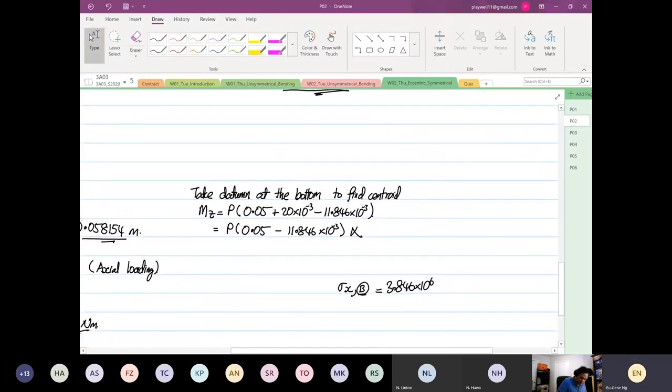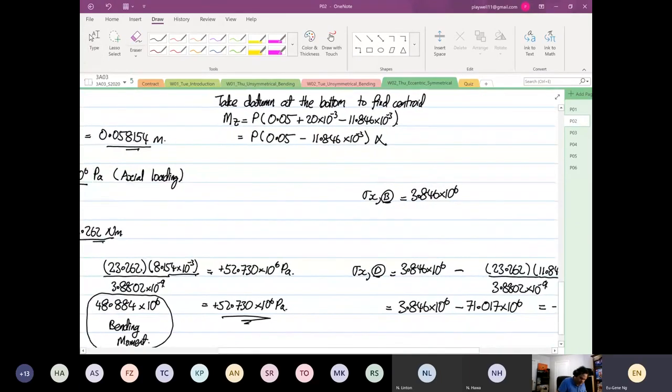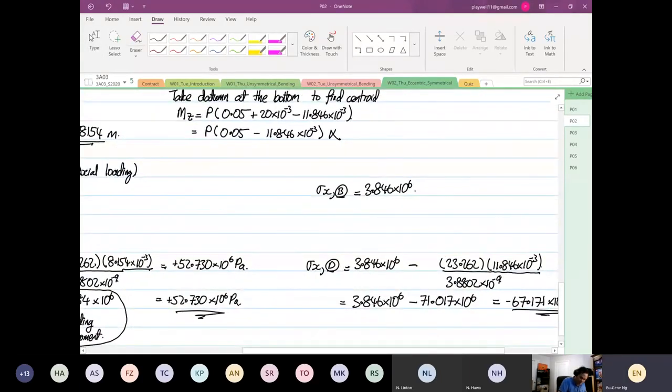So here you do a plus, again the same thing, 23.262 divided by 3.8802 times 10 to the power minus 9, and then you multiply by the y.